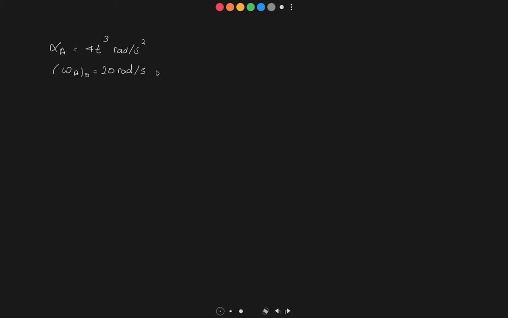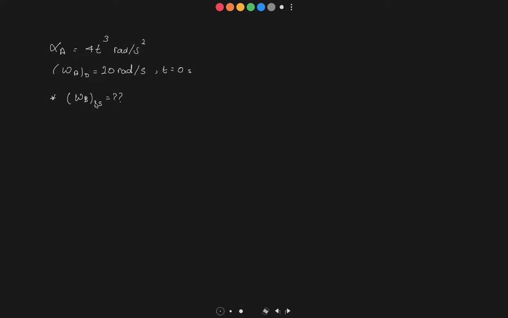This is when the time is equal to 0, because it's the initial velocity. Now the question is asking: what is the angular velocity of gear B at time of 2 seconds?